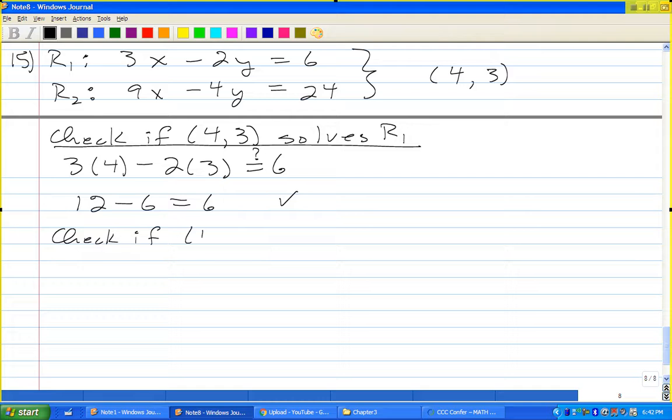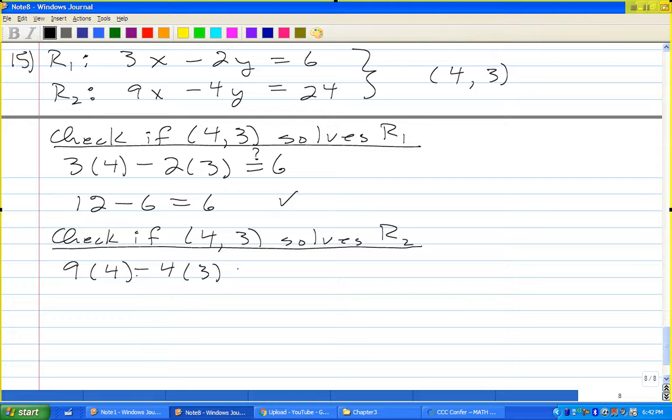Let's check if (4, 3) solves the second equation. And so is 9x minus 4y equal to 24?